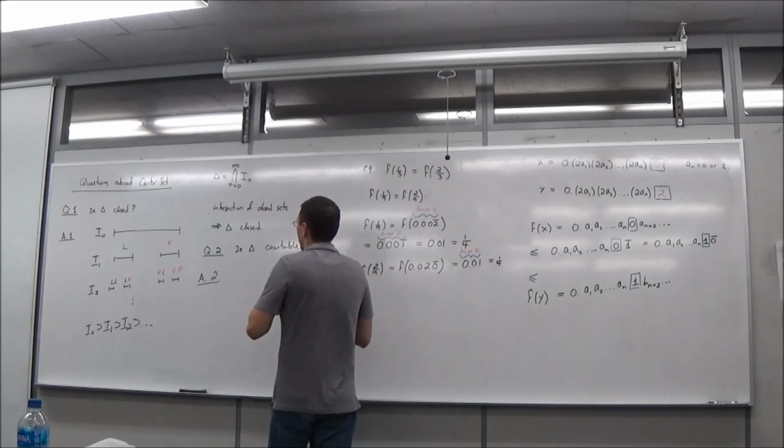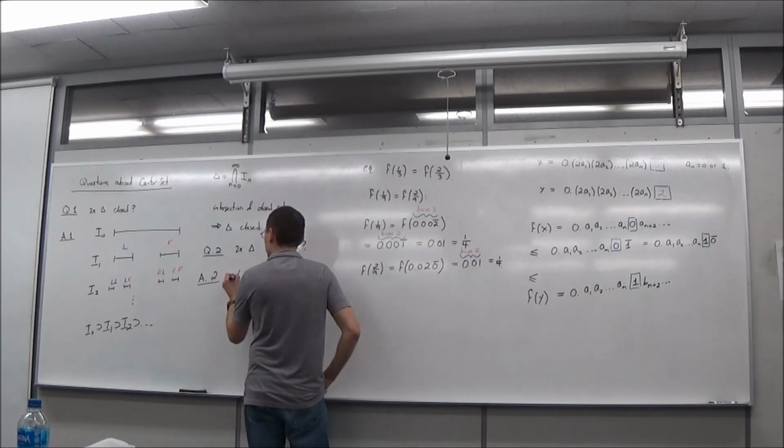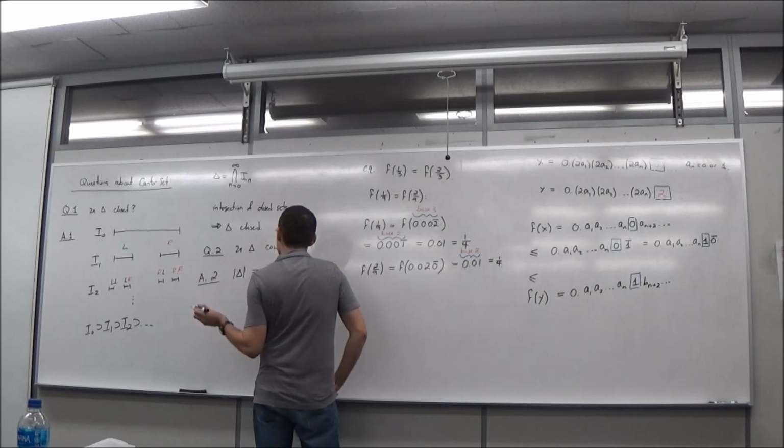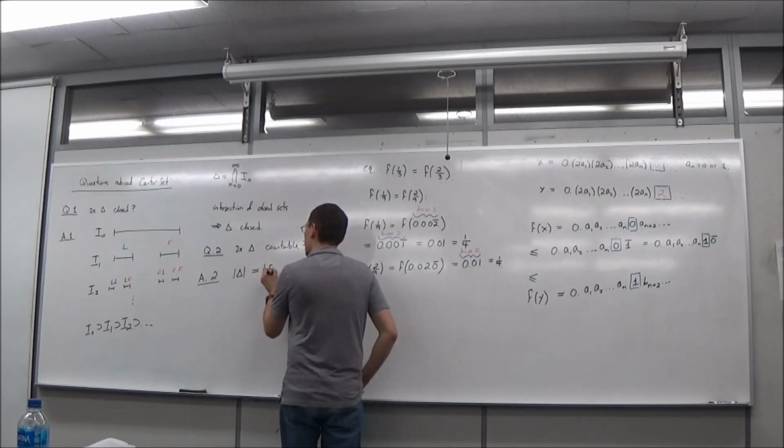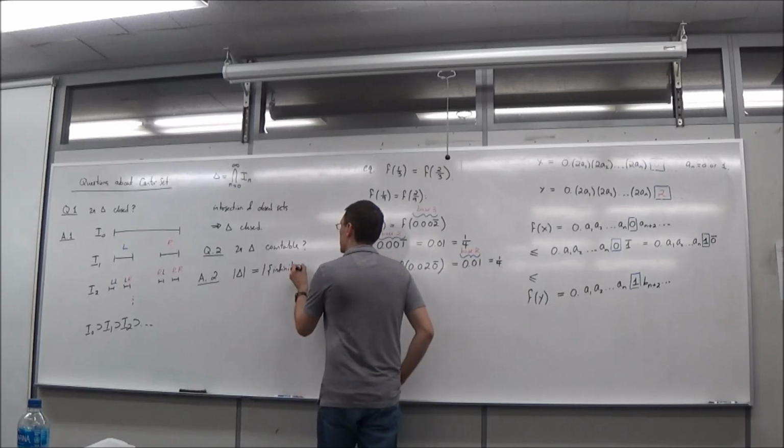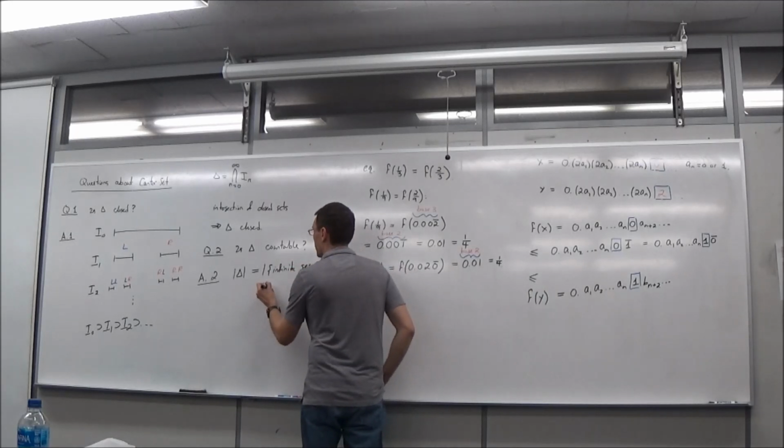So we saw that the size of the Cantor set is the same as the size of infinite sequences of left and right.